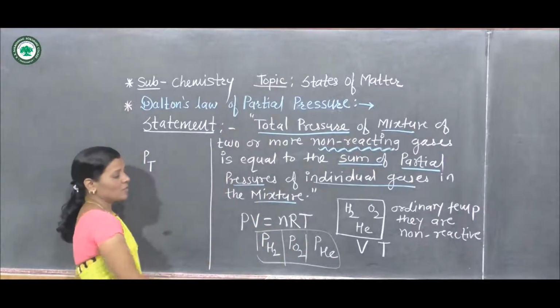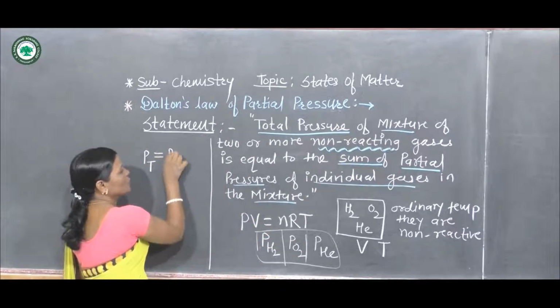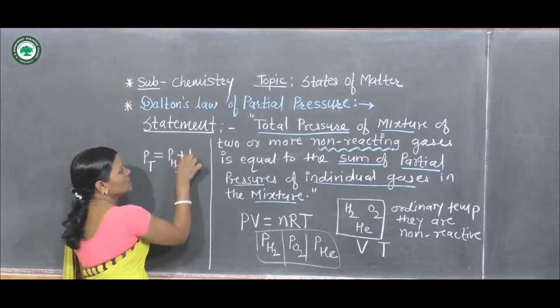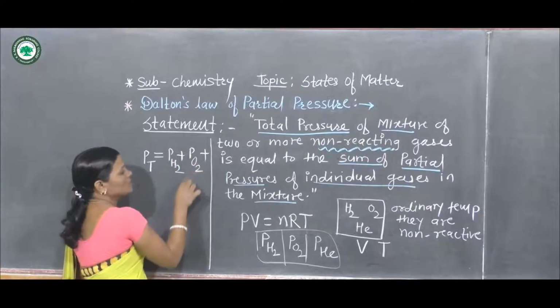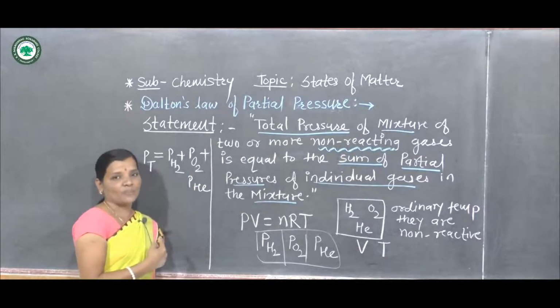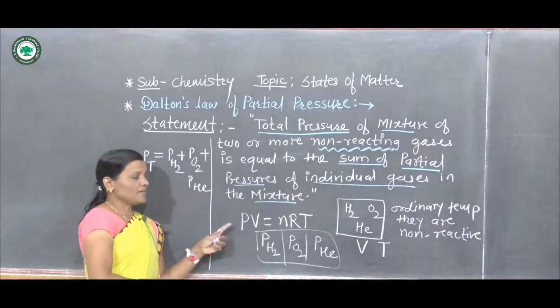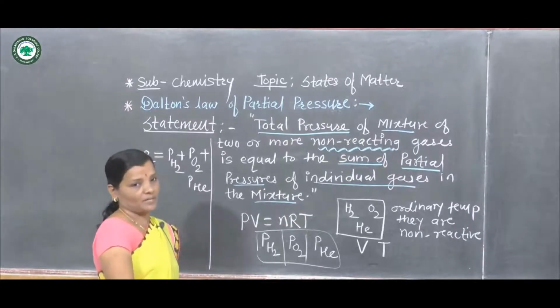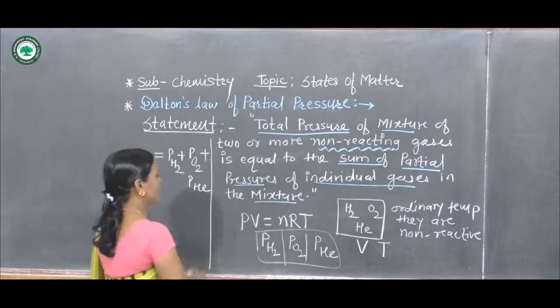So we can write PT is equal to PH2 plus PO2 plus PHe. This is Dalton's law.